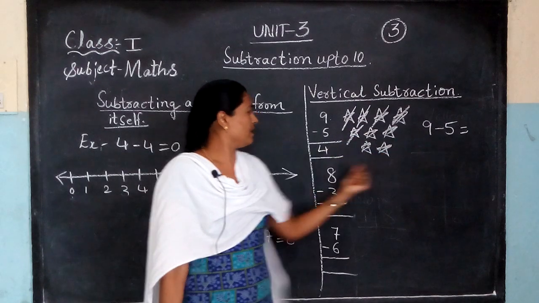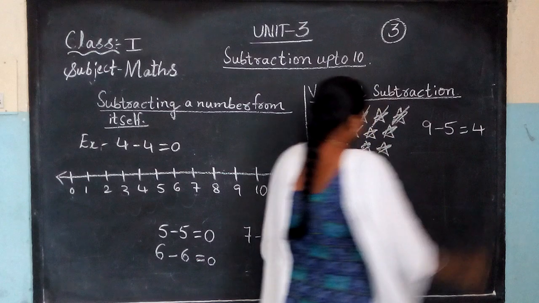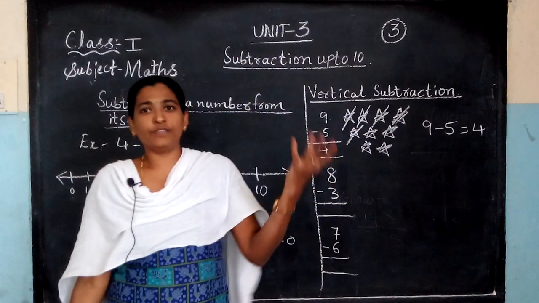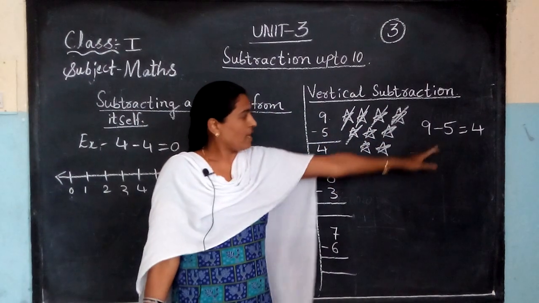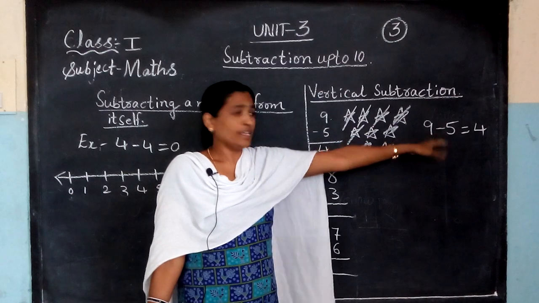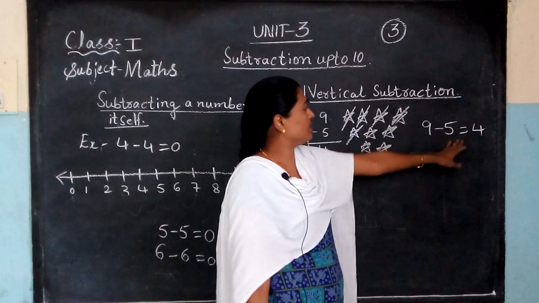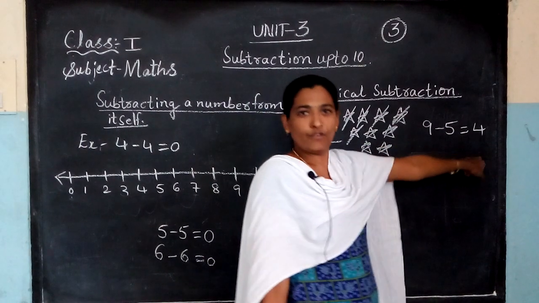How many are remaining? 4 only. In the horizontal method also, 9 minus 5 is 4 only.